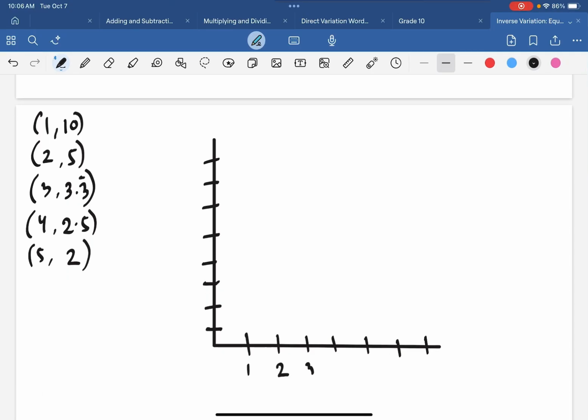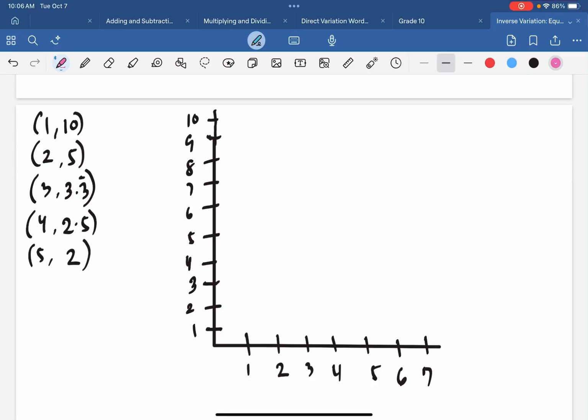Let's have 1, 2, 3, 4, 5, 6, 7, 8, and let's add more, 9 and 10.